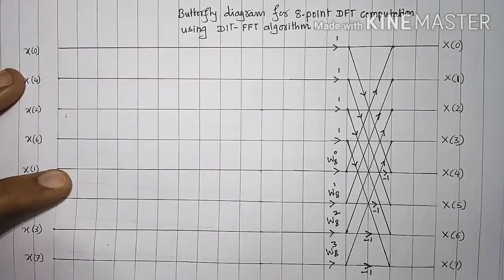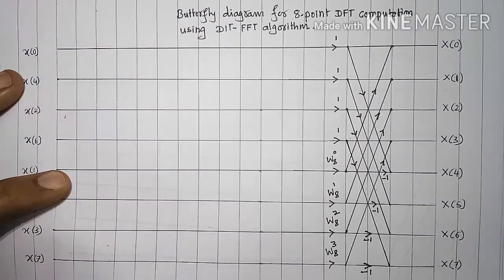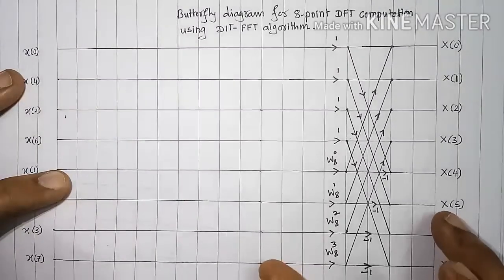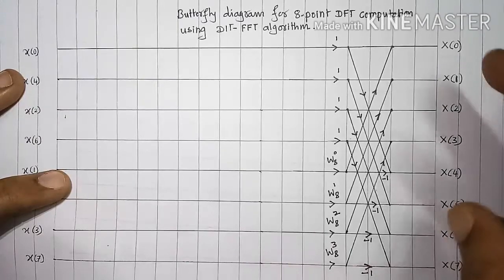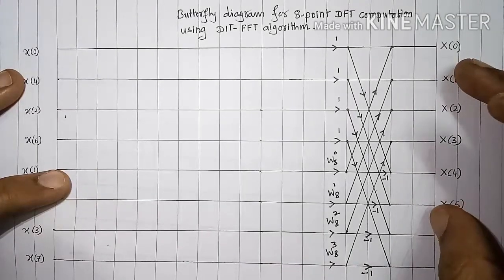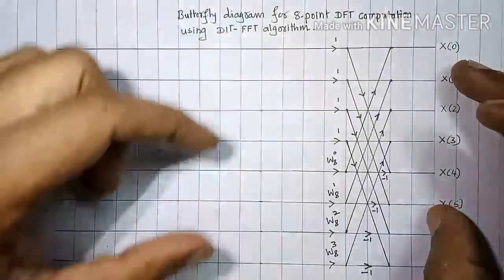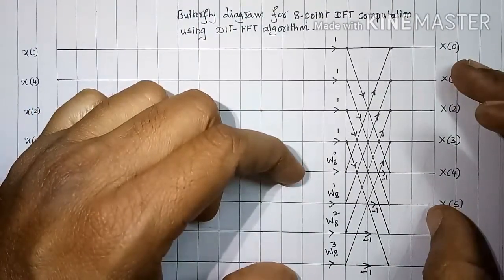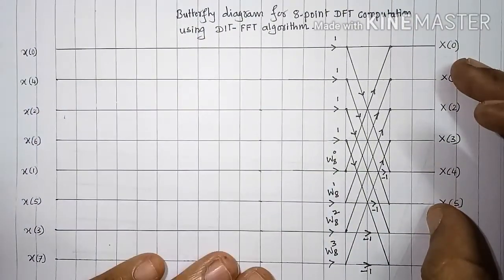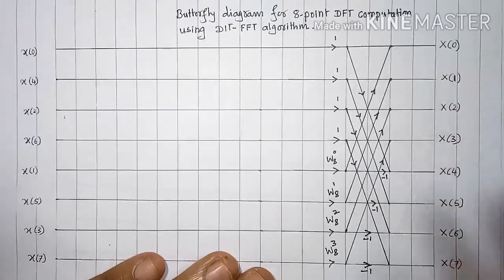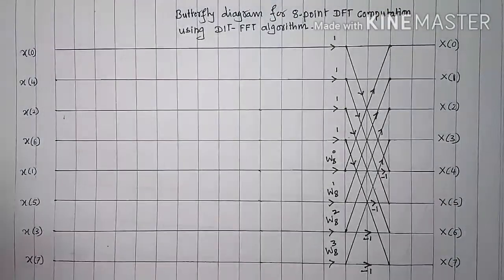Now I have reproduced here the butterfly diagram that is used to compute 8-point DFTs by combining the 4-point DFTs, which I discussed before taking up this example.